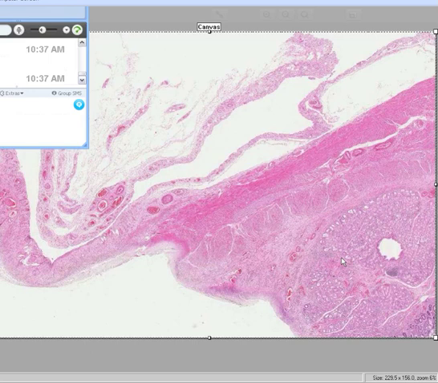So ladies and gentlemen, what is the only part of the gastrointestinal system that has submucosal glands normally? I'll accept all answers. Duodenum, of course.